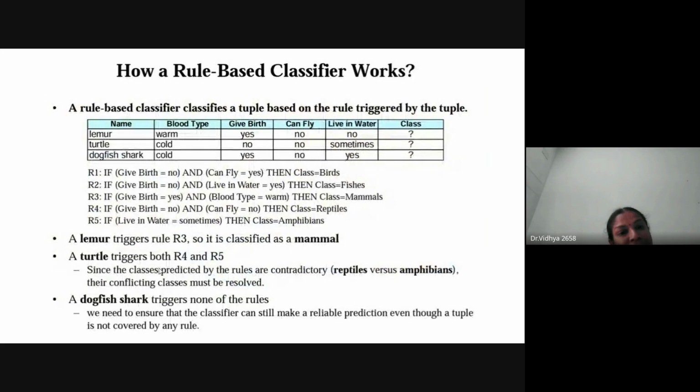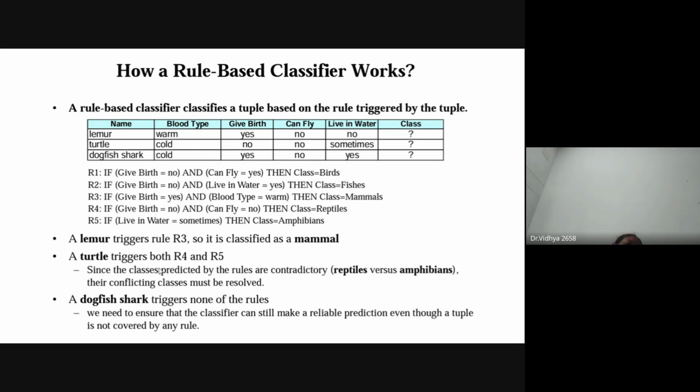Okay, then how a rule-based classifier works, we are supposed to explain it. Okay, so just go through the rules given here and apply them to the tuple. The condition can be framed according to the specification of the data.